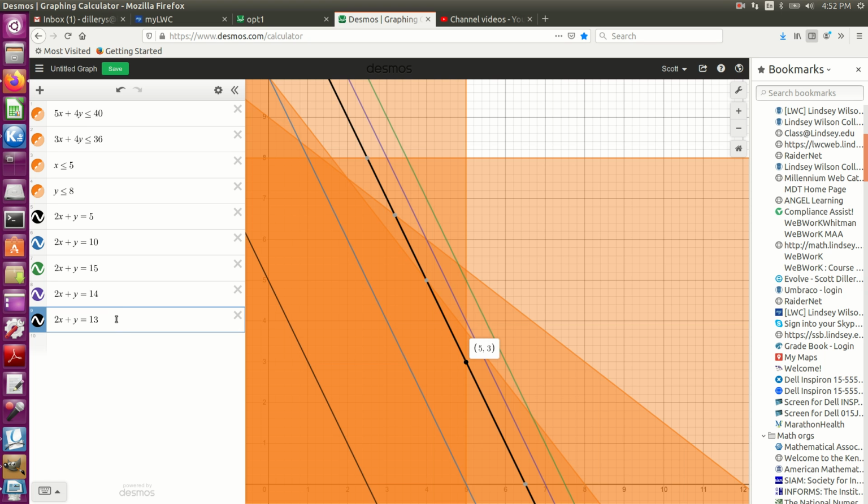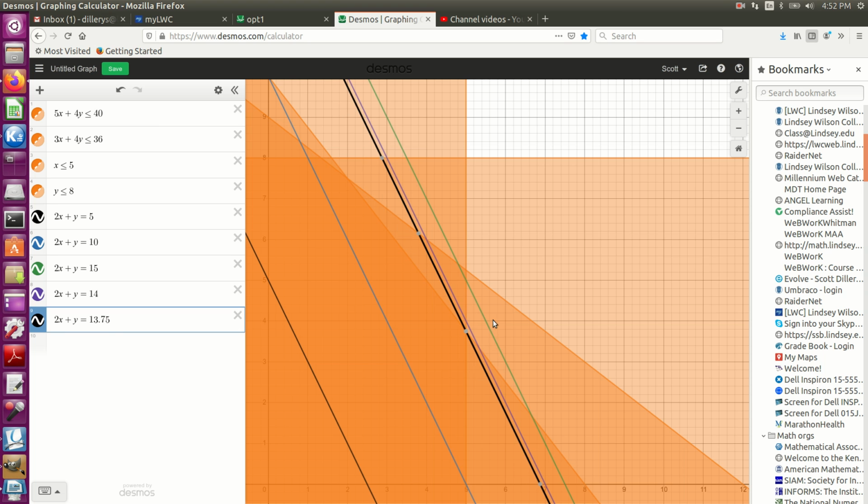But I never said anywhere that in this case x and y had to be whole numbers, and so I'm going to go with the biggest I can make it, which is 13.75, with x equals 5 and y equals 3.75. So that's how I would go about graphically determining my maximum value for any given objective.